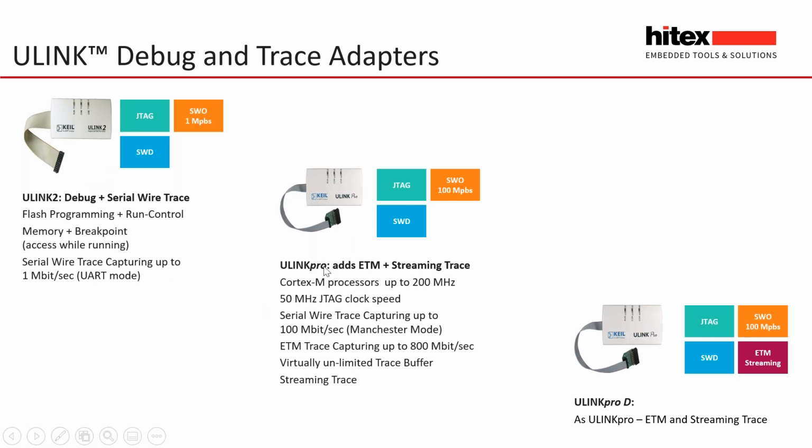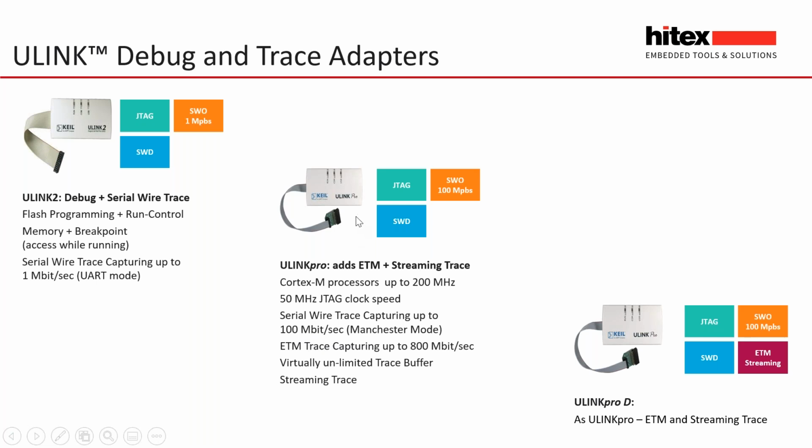A more recent version of this is called U-Link Pro. So this gives us debug up to 50 megahertz and also connects to the device in Manchester encoded mode. So we get a very high bandwidth for the trace units.